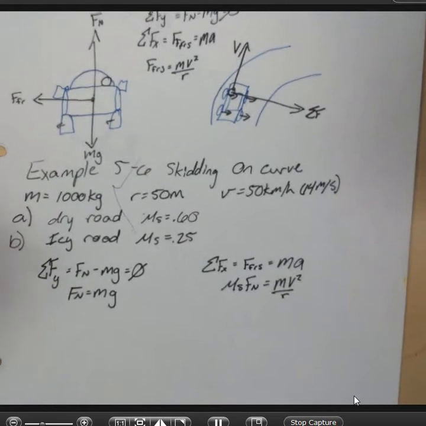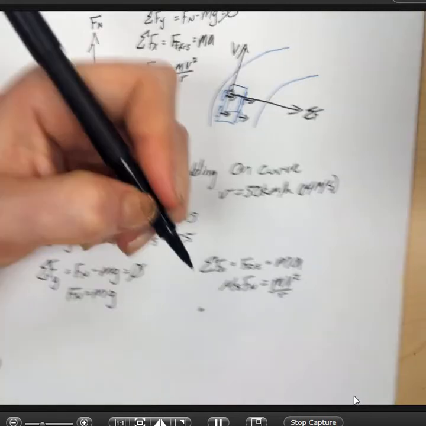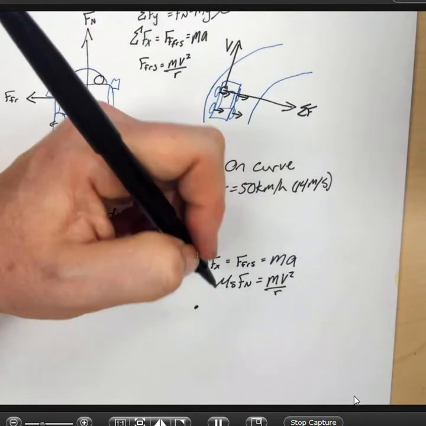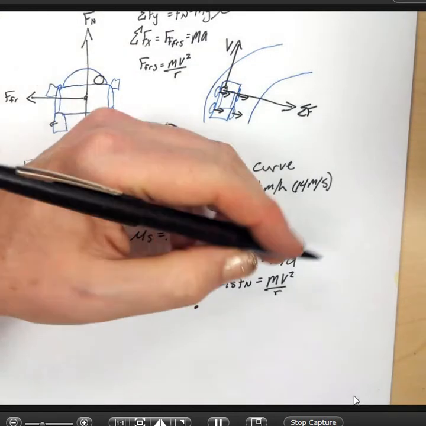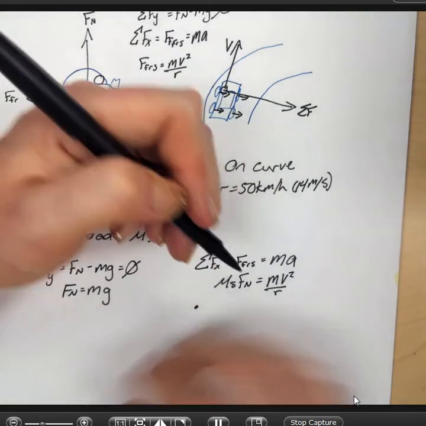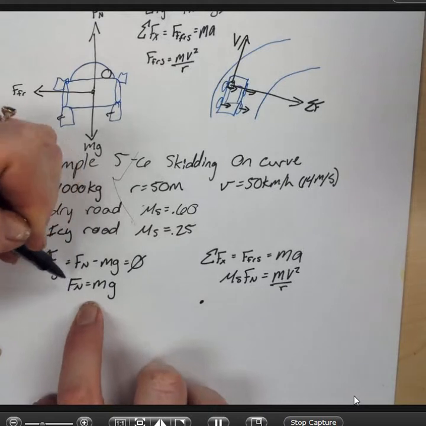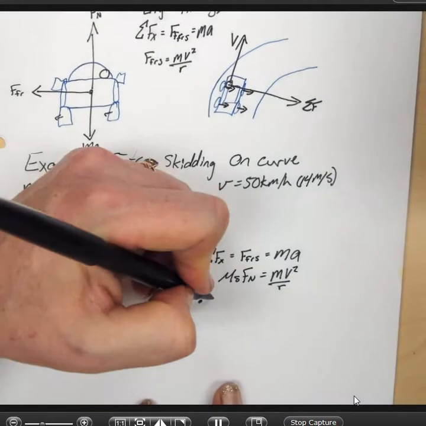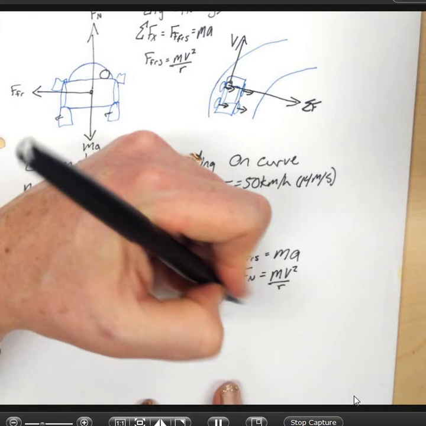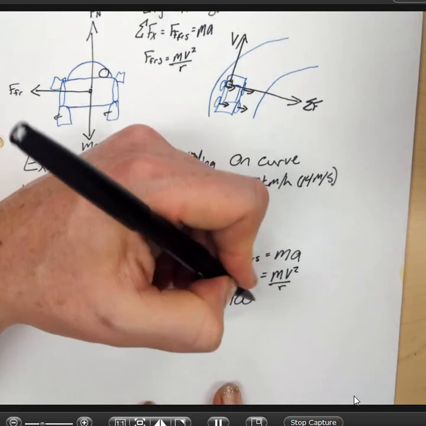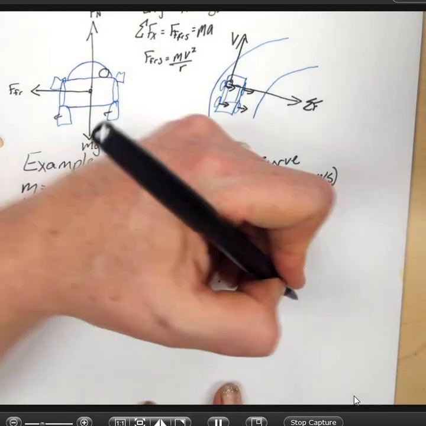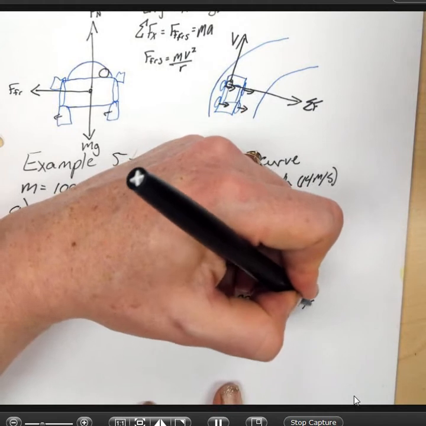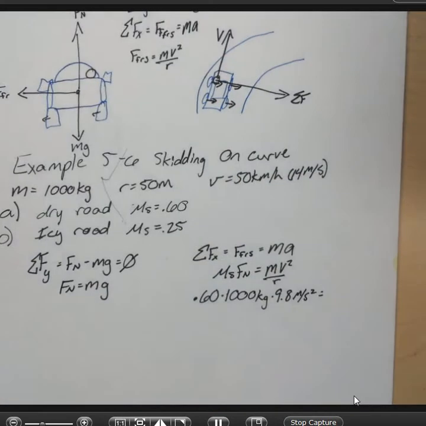So the force that we experience from going at 14 meters per second is 0.60 times 1,000 kilograms times 9.8 meters per second squared, which gives us a force of 5,900 newtons.